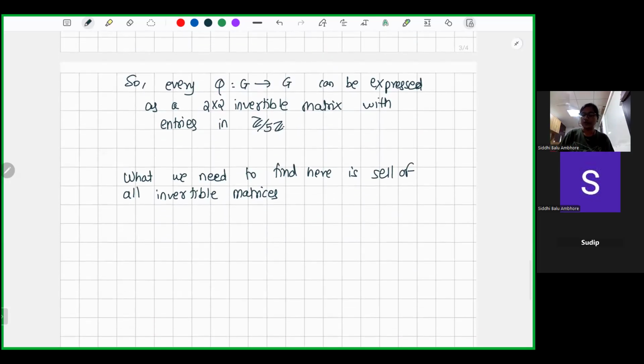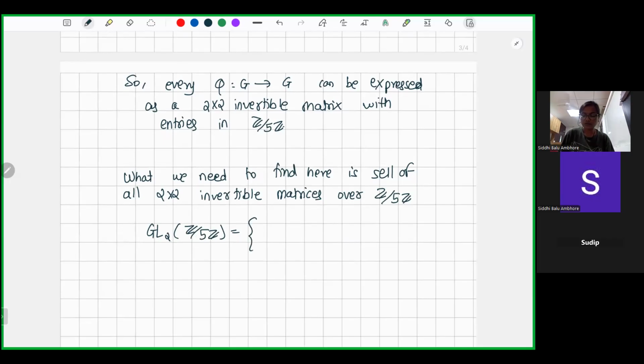Invertible 2 cross 2 matrices over Z5. So what I want to do is find GL2 of Z5Z.